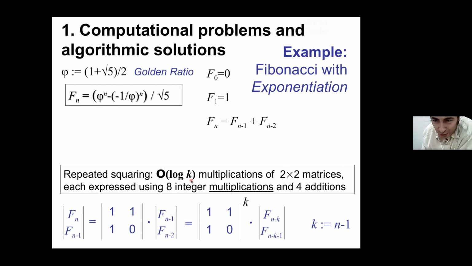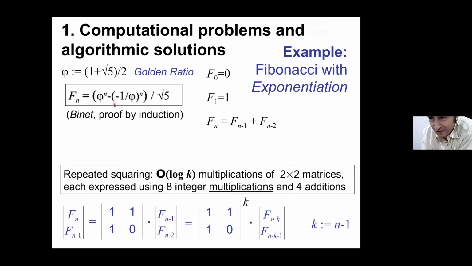And then there were two extra formulas. You can actually make the formula for the Fibonacci numbers, this recursive formula, explicit by using the golden ratio. That's actually the inverse of that, but okay.